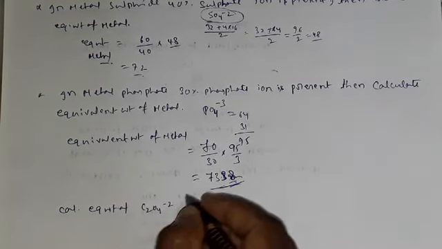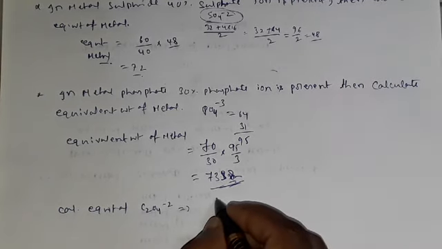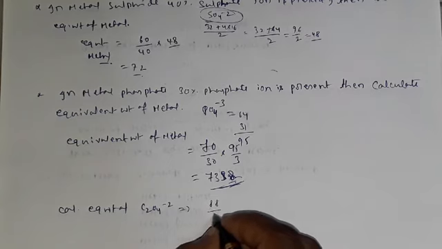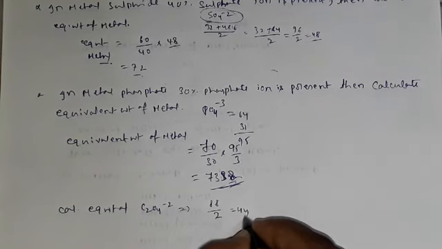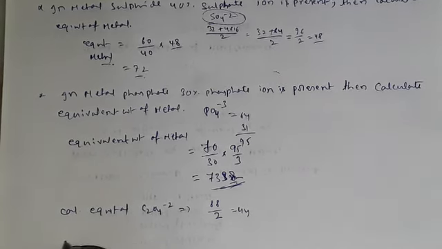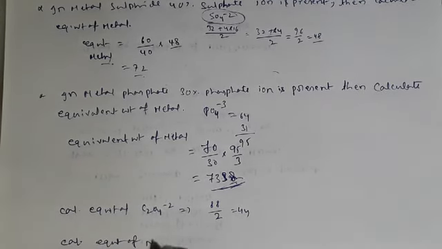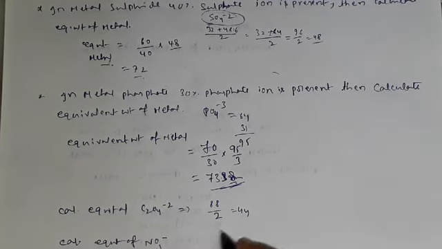Calculate equivalent weight of C2O4 2 minus. You know this oxalate ion implies 88 by 2 charge, so 44. This way, calculate equivalent weight of nitrate NO3 minus: 62 by 1.